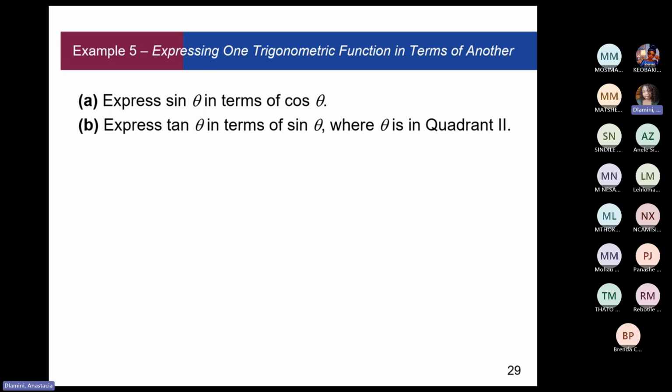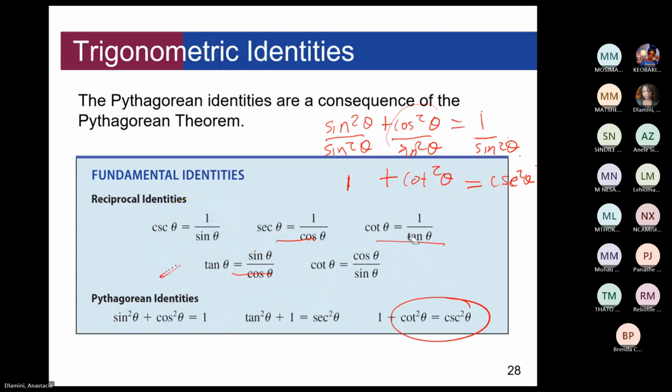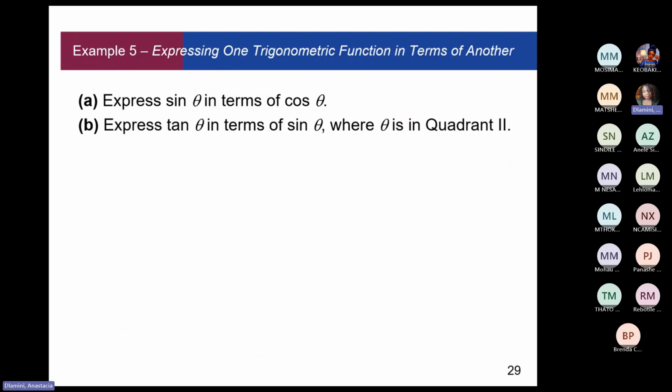We use the Pythagorean identity. So you take this one over here, the only one that had the relationship between sine and cos. So sine squared theta plus cos squared theta is equal to 1.